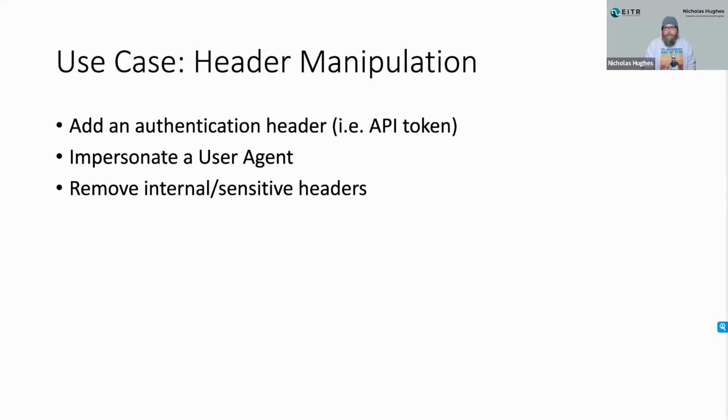And then finally, a really cool use case would be header manipulation. A couple of sub use cases would be you could add an authentication header, such as an API token that you would normally put inside of a header, in WebRetriever instead of exposing that secret to potentially many machine workloads. So say you have a dozen systems and they all need access to this external API, right?